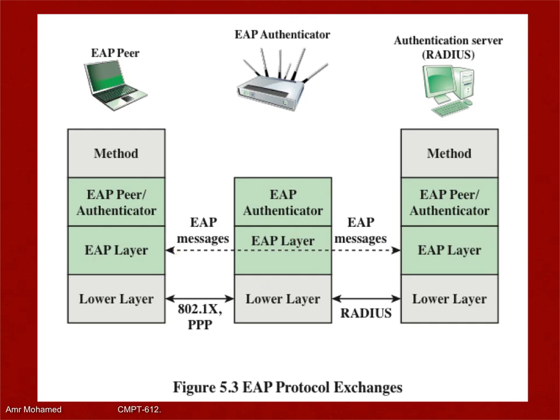We call them pass-through messages. The authenticator does not process the header of the Extensible Authentication Protocol. This header is actually processed by the authentication server directly, but the message goes through the authenticator. We call it pass-through messages.